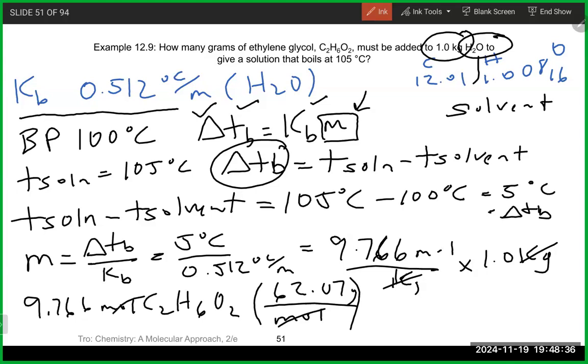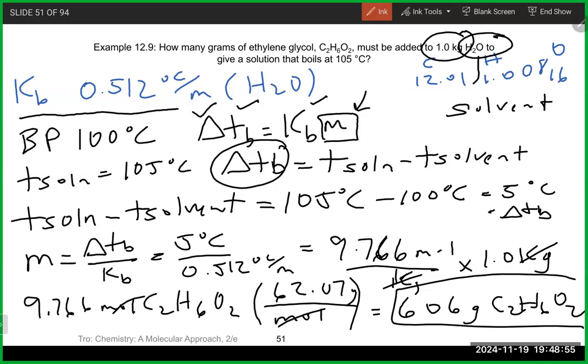The moles will cancel, and that will tell us that in this case, we would need about, we'll call it 606 grams of this ethylene glycol to be added to cause this water basically to boil at 105 degrees Celsius. Once again, here using molality to get to moles and obviously to our grams.